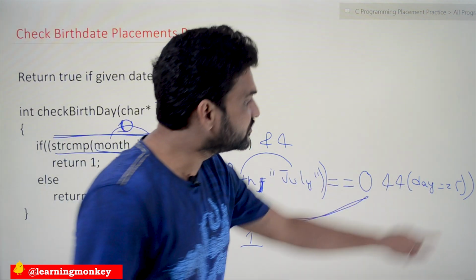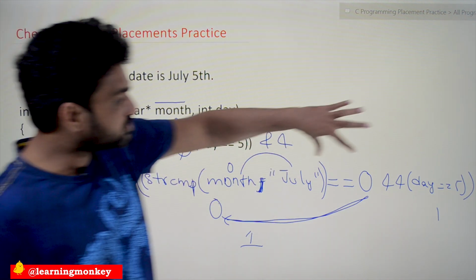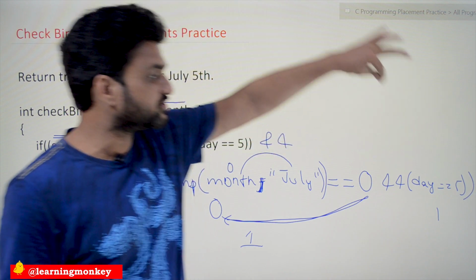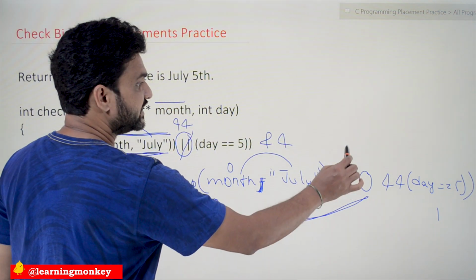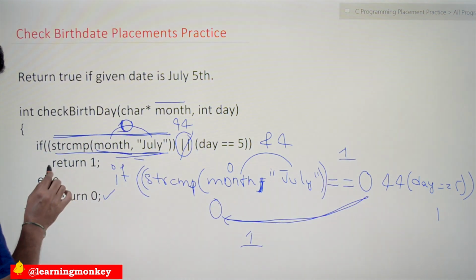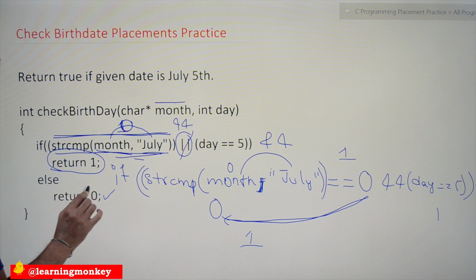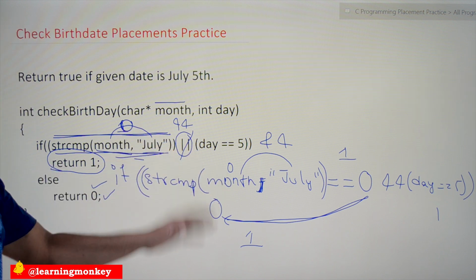And if day is equal to 5, then it will produce an output of 1. If both of them are true, then only it is going to produce an output of 1. If this entire thing is 1, this function is going to return an output of 1, else it is going to return an output of 0.